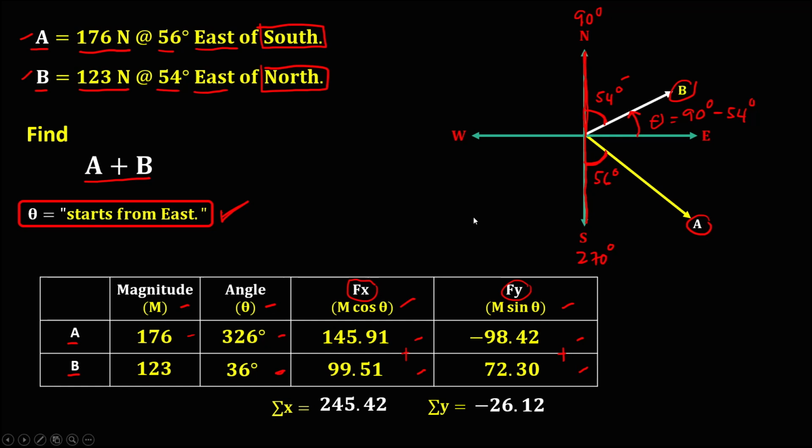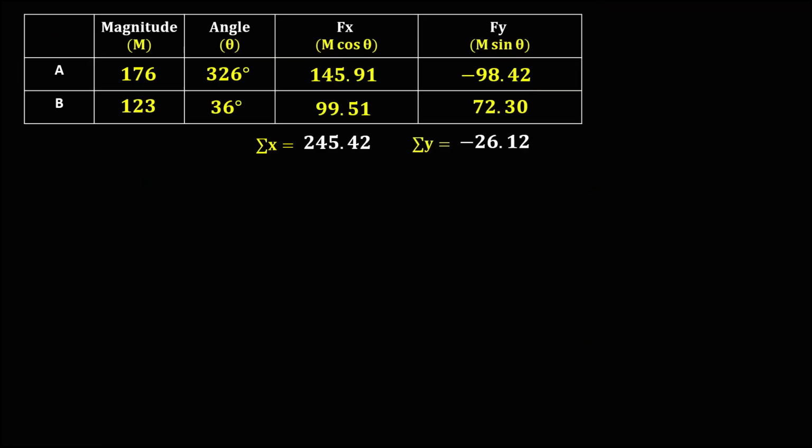Since we're done now with the table, we can find now the resultant force or the resultant vector. Using this formula, the square root of the x component squared plus the y component squared. Then substitute now the values.